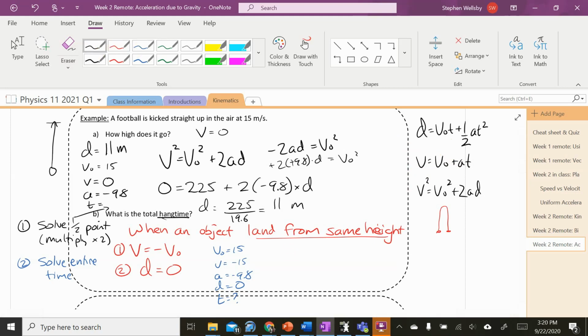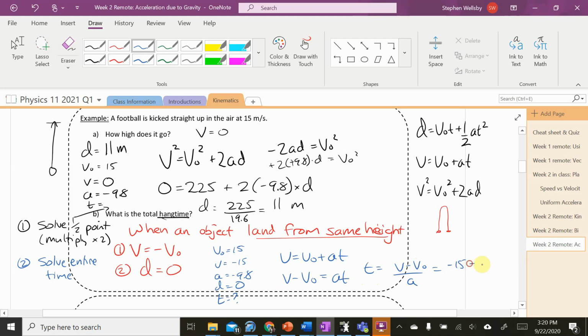We're trying to solve for T, and so if V equals V naught plus AT, then V minus V naught equals AT, or T equals (V minus V naught) over A. In this case, we have negative 15 minus 15 divided by negative 9.8.